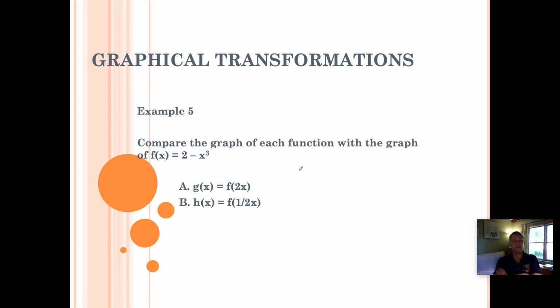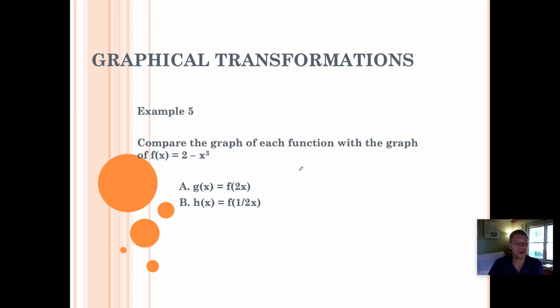Okay, let's look at another example here. You're asked, in this case, to compare the graph of each function with the graph of f of x equals 2 minus x cubed.